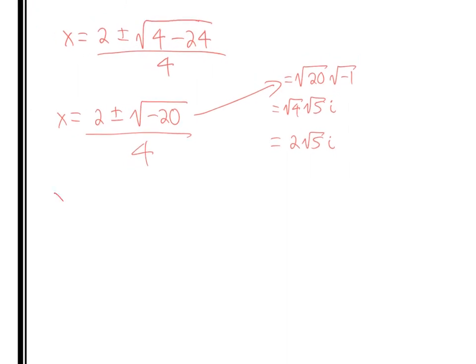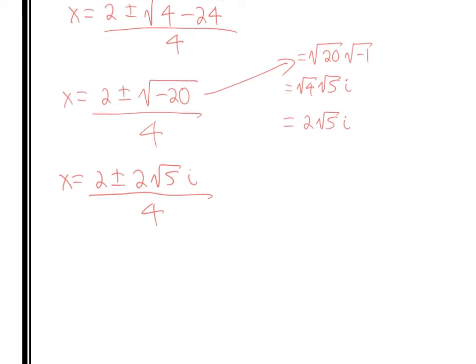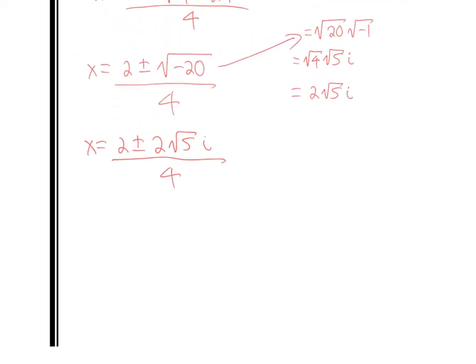So now our new answer is x equals 2 plus or minus 2 square root of 5i all over 4. Now, this one's a little tricky. We can actually factor out a 2. So what we need to do is split it up. We're going to write x equals, we have 4 as a common denominator, so 2 over 4 plus or minus 2 square root of 5i over 4.